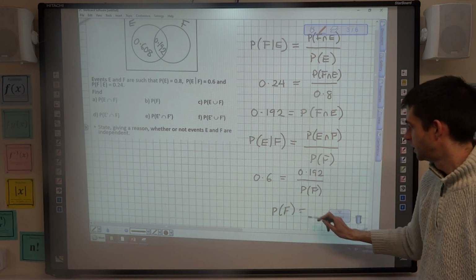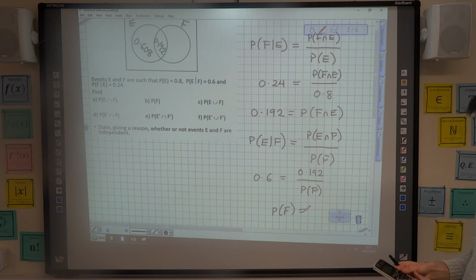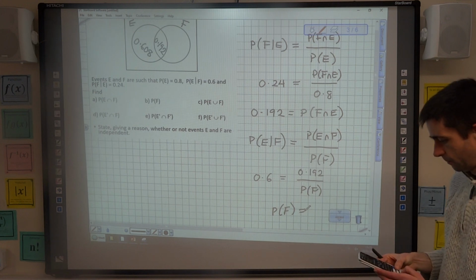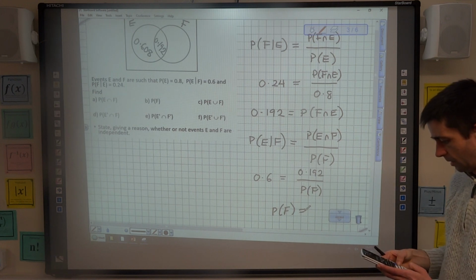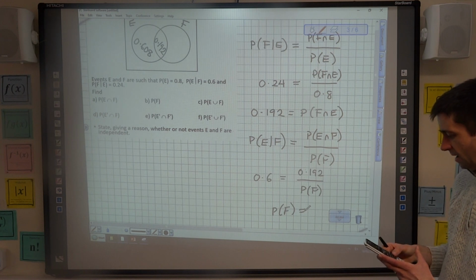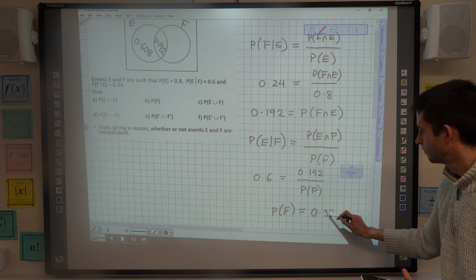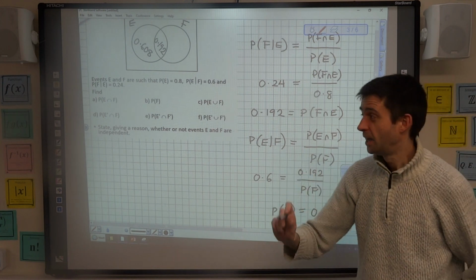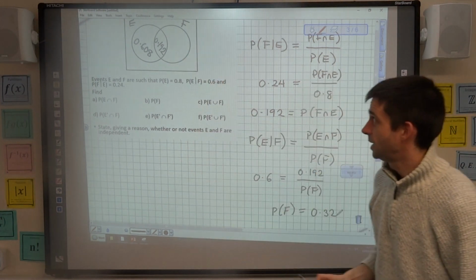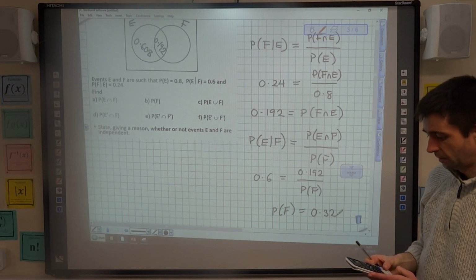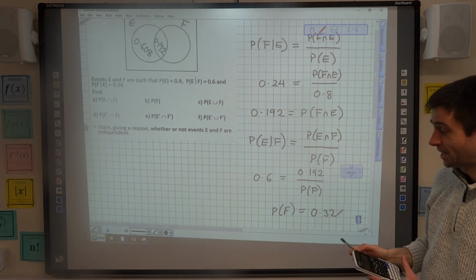So if I do 0.192 divided by 0.6, I will find out the probability of just F, which is 0.32. Just got to be a bit careful here though. It's not 0.32 here because that 0.32 includes the 0.192 in the centre.